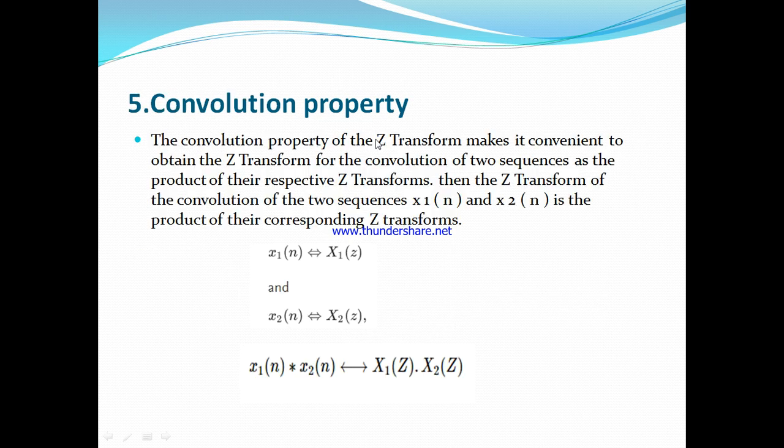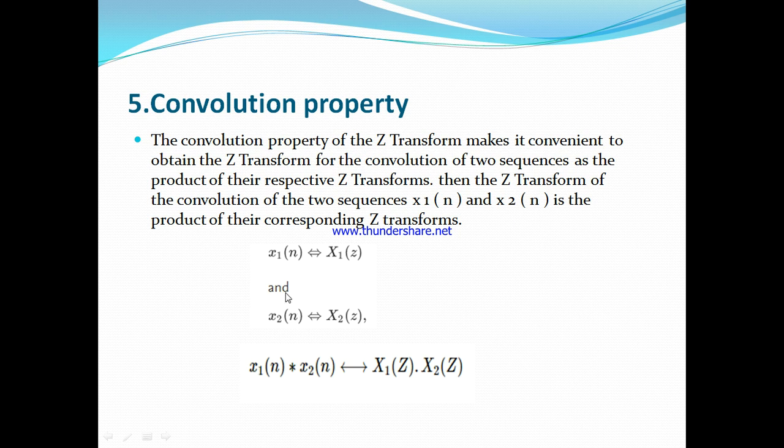Again, the convolution property. The convolution property says that the Z transform of the convolution of two sequences is the product of their respective Z transforms. Here we have x1 of n and x2 of n as sequences. The Z transform of x1 of n is X1 of z, and the Z transform of x2 of n is X2 of z.